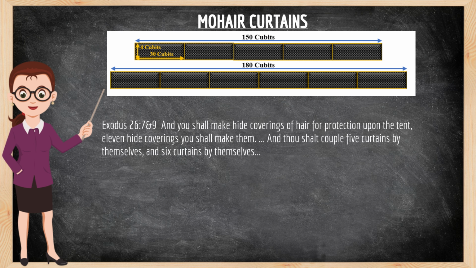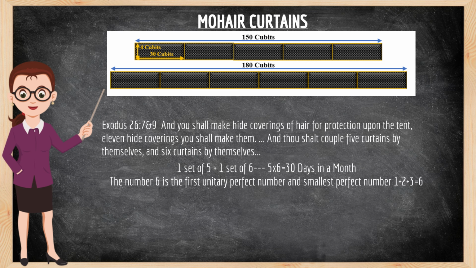Now Moses was instructed to make 11 mohair curtains, one set of 5 and one set of 6. Now the first thing that comes to mind is that 5 times 6 is 30, a number of days in the month. Now the number 6 is the first unitary perfect number and smallest perfect number because its divisors equal itself. 1 plus 2 plus 3 equals 6.